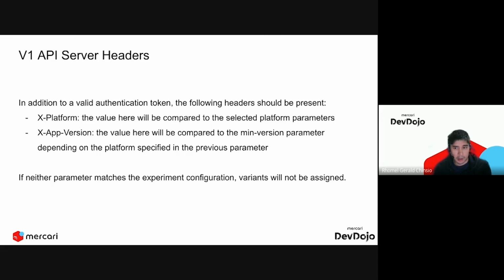One common question that gets asked a lot is: what happens if the user is not assigned to the experiment via any of these targeting rules? What will they be assigned? Well, they get nothing.